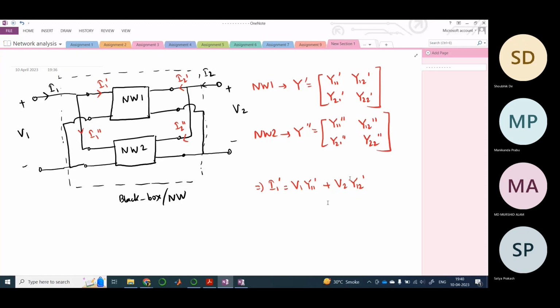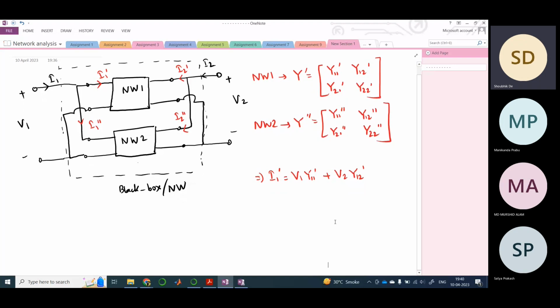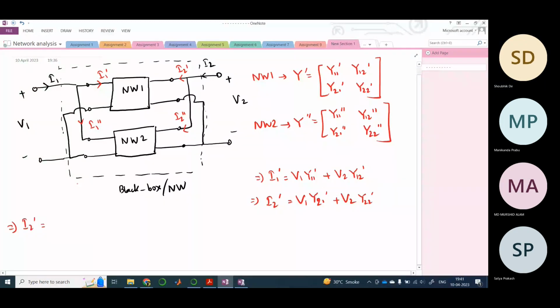Okay. So having done this, now it would be a bit easier for you to understand. In the same way, we can also write the I2 dash equation at the right hand side of network 1. So this is V1 y21 dash plus V2 y22 dash. Now in the same way, for network 2 also we can write.